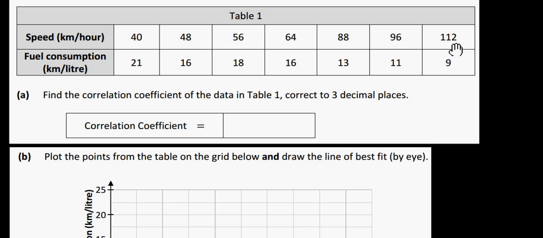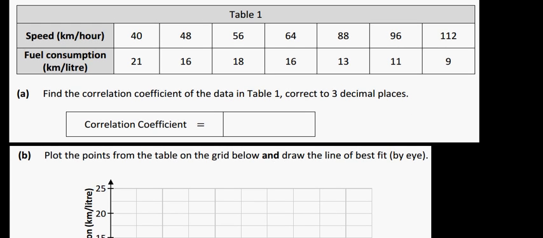When you increase your speed to 112 kilometers per hour, you can only do 9 kilometers for each liter. So you're using a lot more fuel here. Anyway, the first question just asks you to find the correlation coefficient of this data, correct to 3 decimal places. You can do that on your calculator.